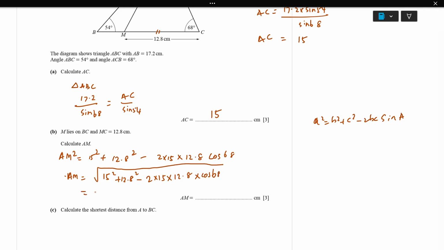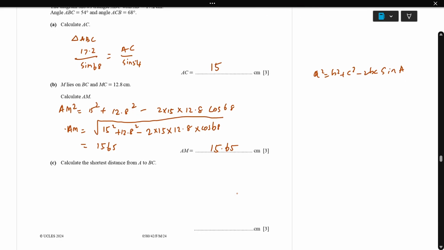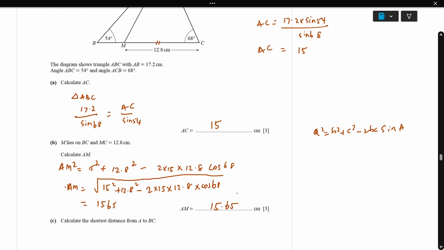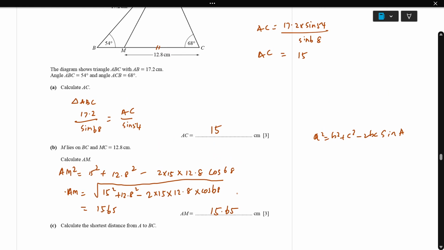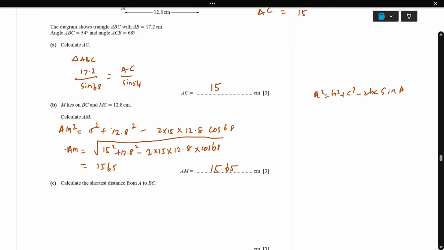So the answer is going to be 15.65. Next, calculate the shortest distance from A to BC. A to BC. So the big triangle ABC I'll draw here.